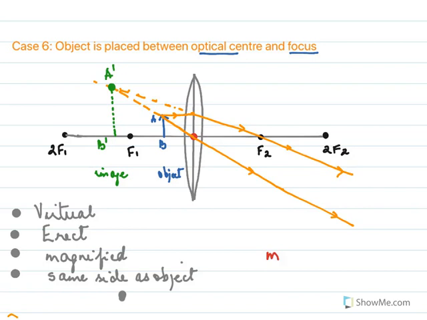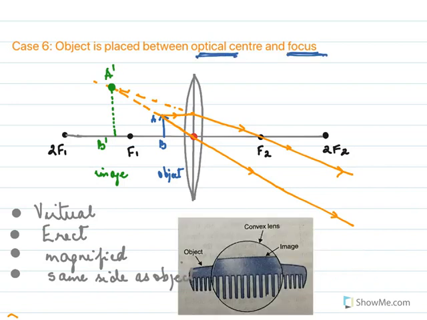This is the case of a magnifying glass. So if you remember, the special case is the case of a magnifying glass. Here remember, the object was kept between optical center and the focus. Here is where we use it. Have you seen, this is the convex lens, and whatever is within the lens gets magnified.